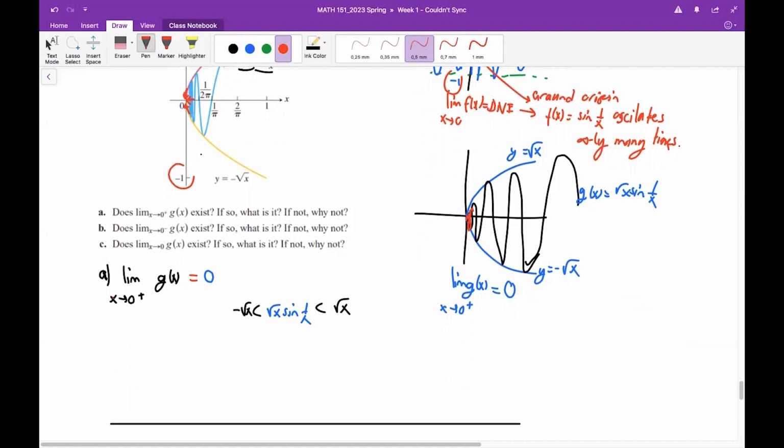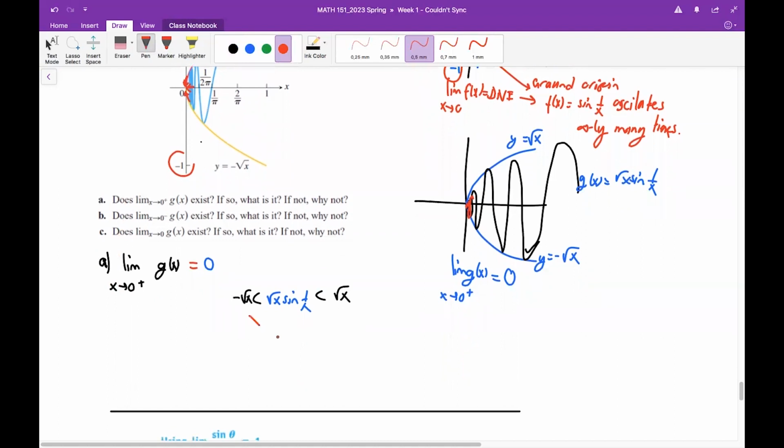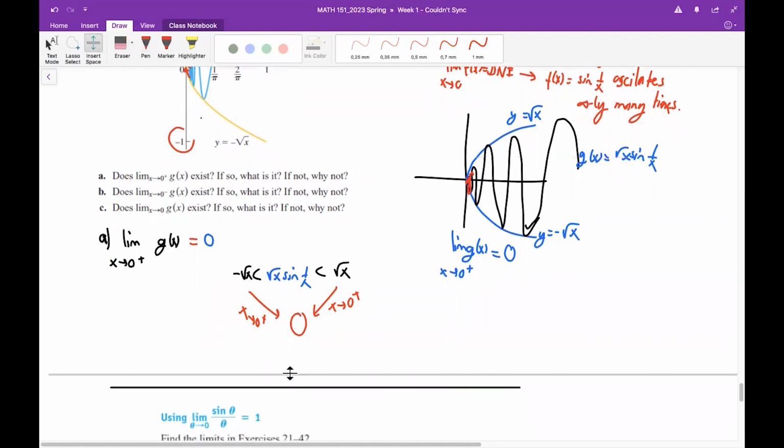And you want to compute the limit as x goes to 0 from right. If you insert 0 inside the square root, of course, you have to approach from right because for negative values, square root is not defined. So both upper and lower bounding functions go to 0 as x goes to 0 from right.